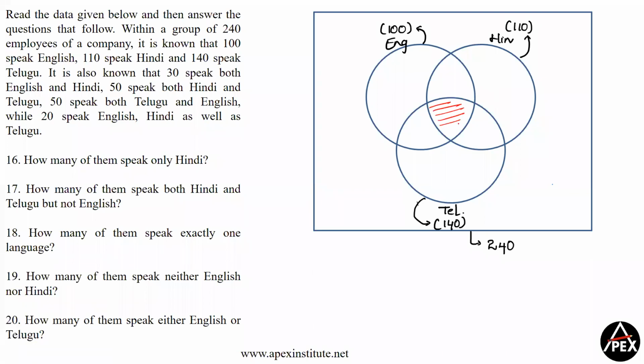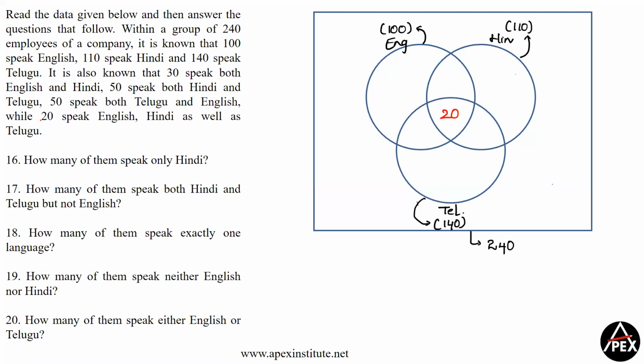What does this region represent? Those who speak all the three languages, English, Hindi, Telugu, isn't it? Do we know the number of students speaking all the three languages? 20. Yes. So please put 20 first. So always start from this region.